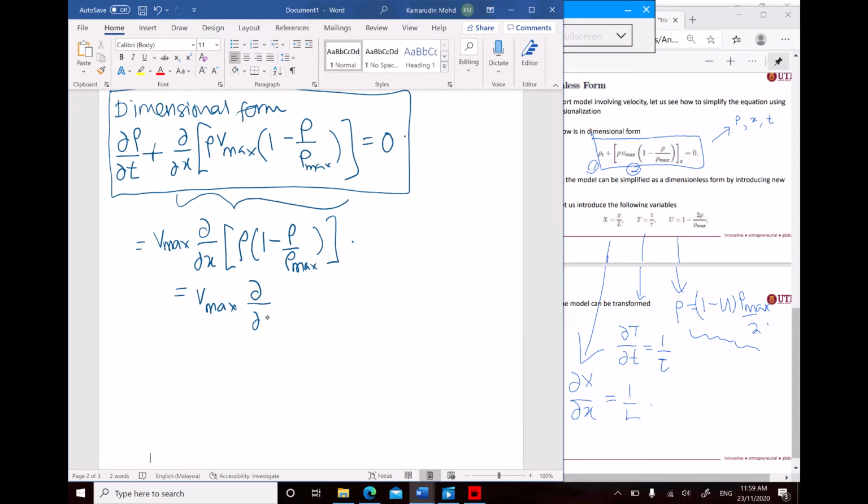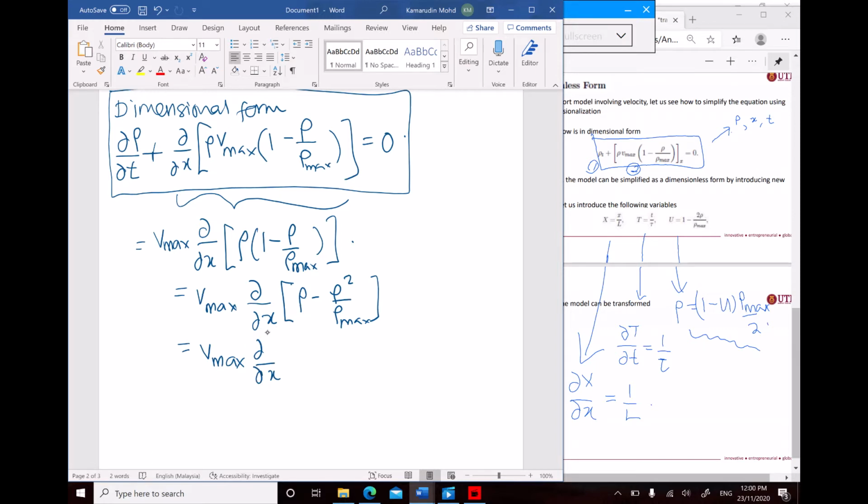If I expand first, it will look like this. We will have rho minus rho square over rho max. If we have this form, we cannot proceed with the characteristic method. Let me show how we can transform it before we use the characteristic method.